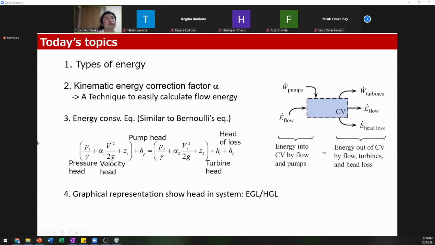For example, pressure head plus velocity head plus potential head plus pump head is equal to the pressure head at position 2 plus velocity head at position 2 plus potential head plus turbine head plus head loss, such as friction. And also graphical representation showing head in the system, which is EGL and HGL. Okay.